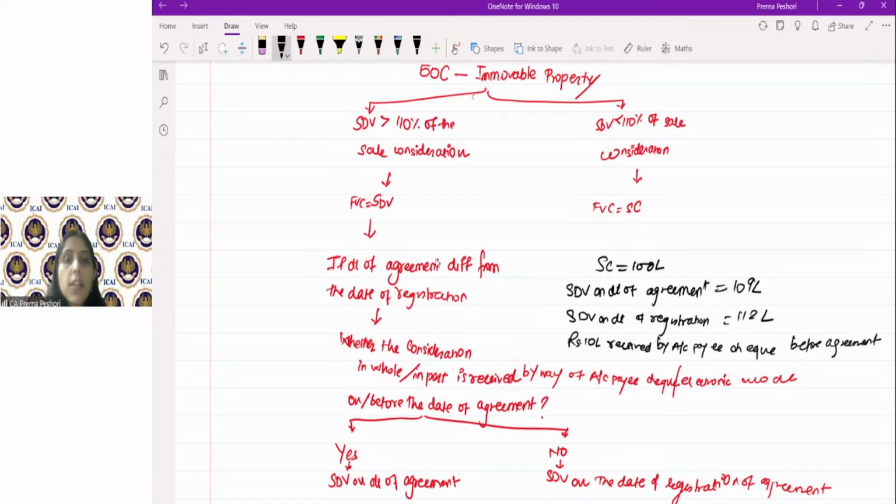So what will be your answer, whether 50C is applicable over here or not? What will be your answer? Is 50C applicable?